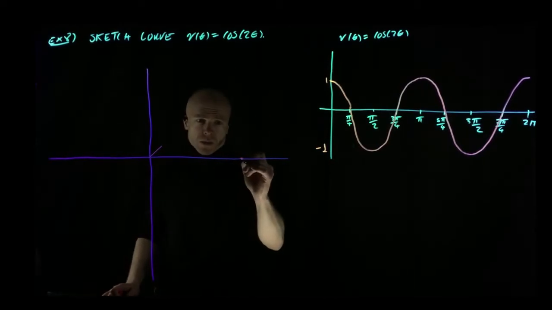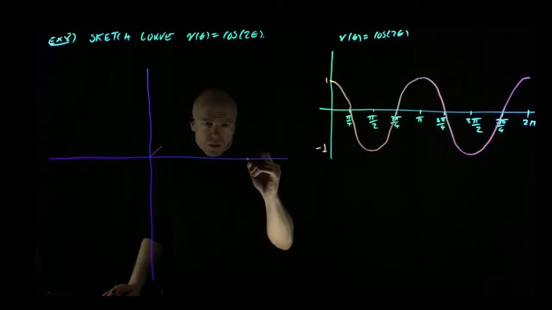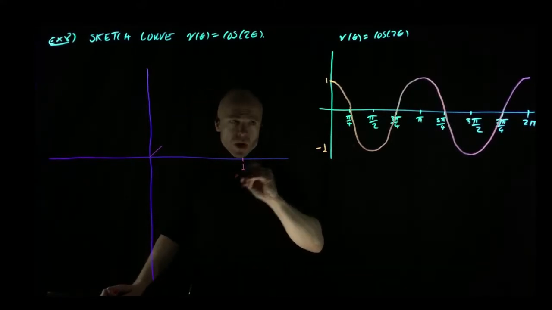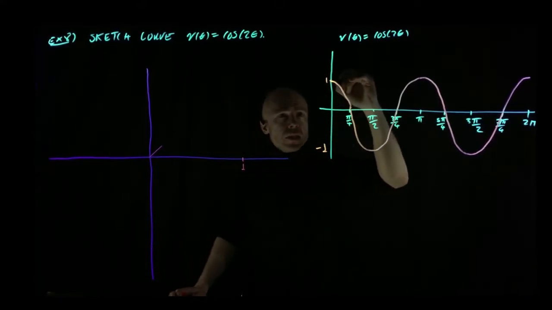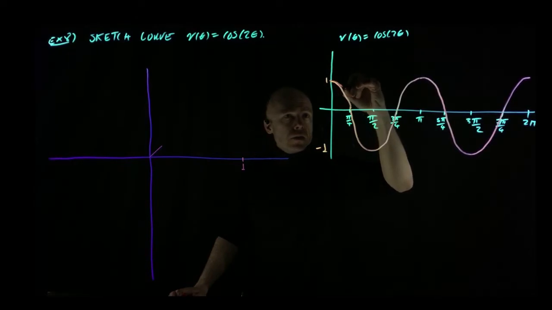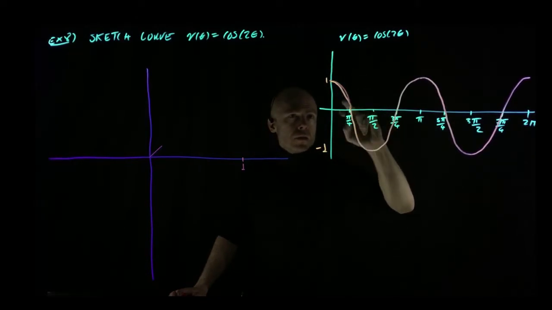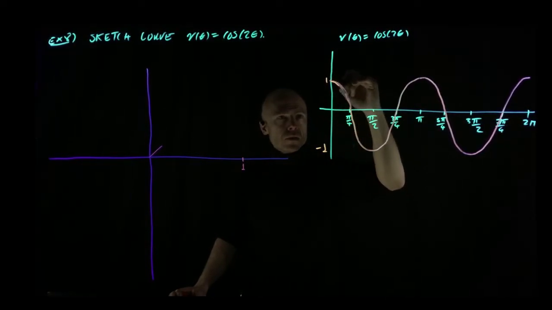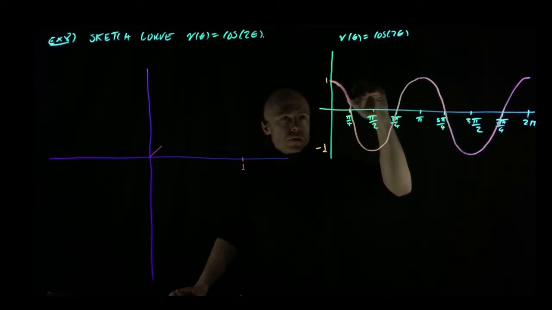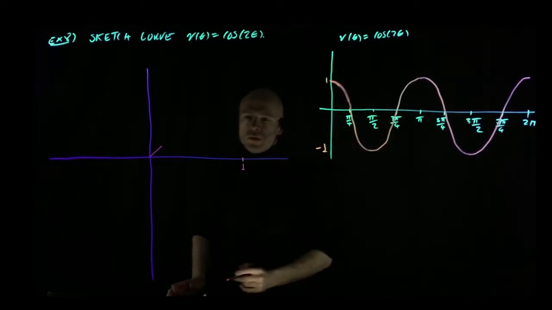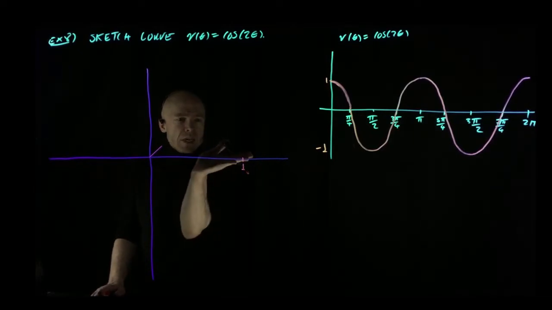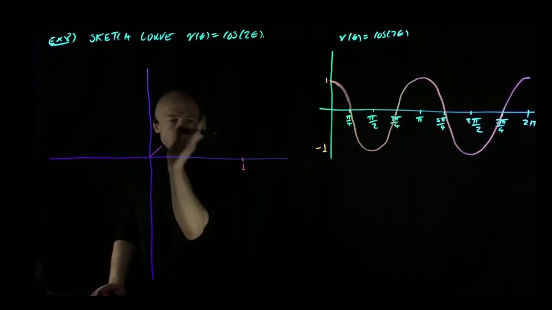I'm trying to make this picture big because it gets complicated. If this here is 1, then as we do this part right here, the red part, we're going to go steadily from 1, where as the angle goes towards pi over 4, the radius is decreasing.